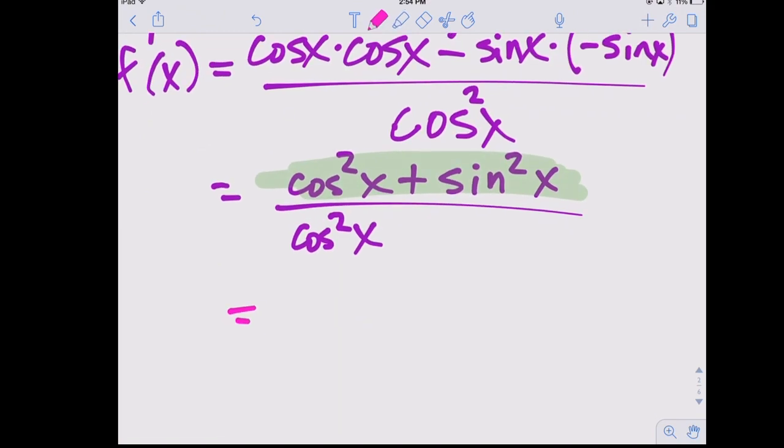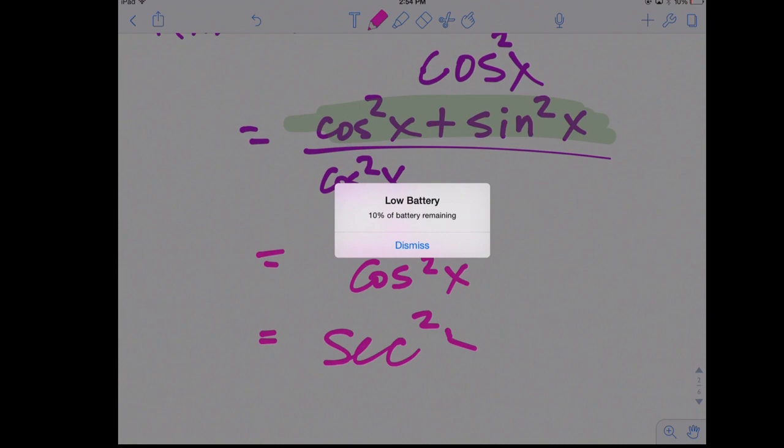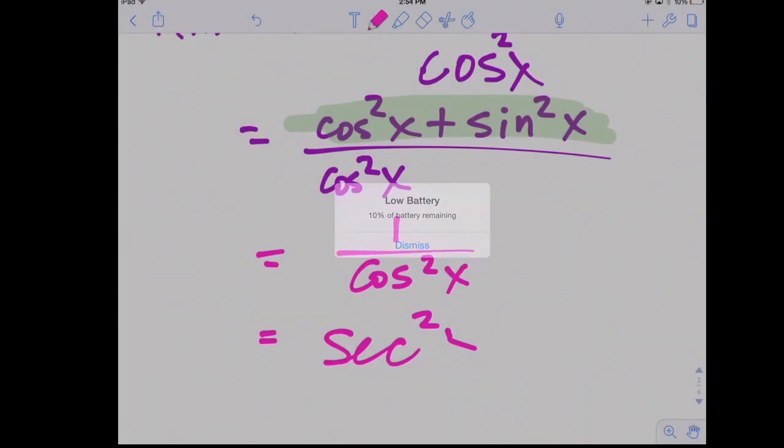We'll do that too. The easiest way to simplify this one: cosine squared plus sine squared in the top is Papa Pid. It is 1. So you get 1 over cosine squared, which of course also simplifies to secant squared.